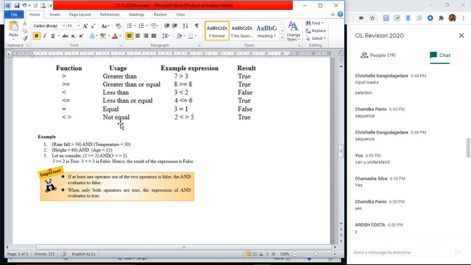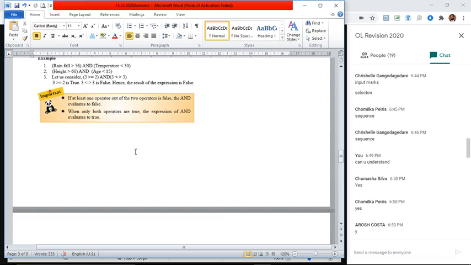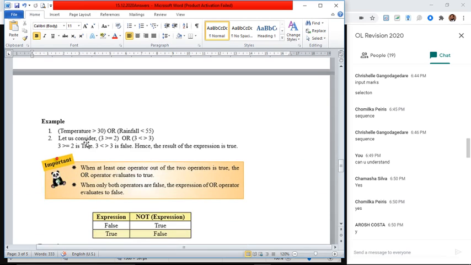If both statements are satisfied, then only it will give the answer as true. If either statement is false, it will give false. But you are having the OR operator. With the OR operator, what will happen? If either statement is satisfied, true, it will give the answer true.